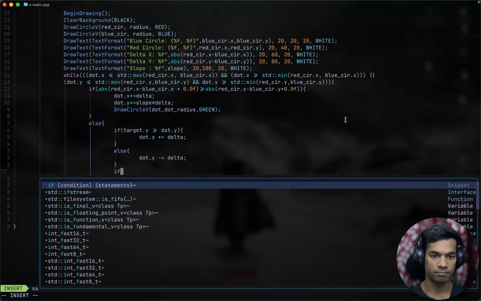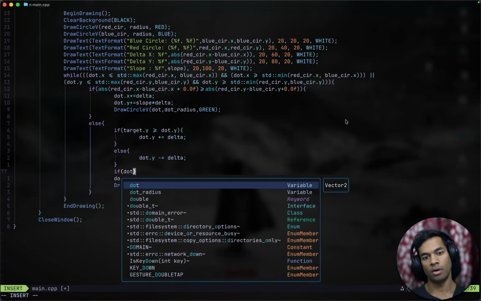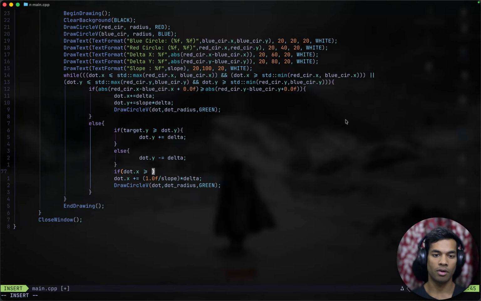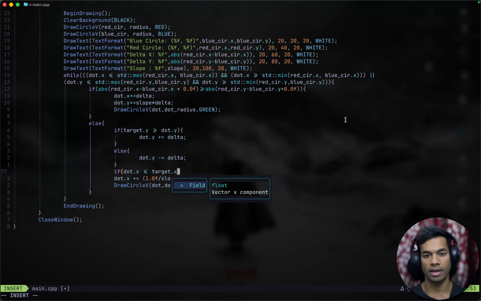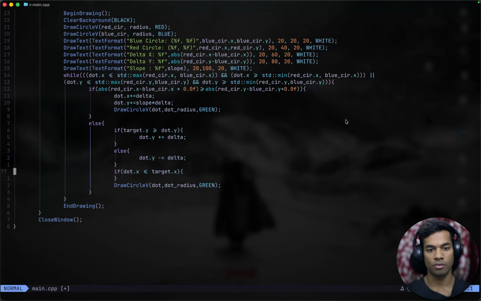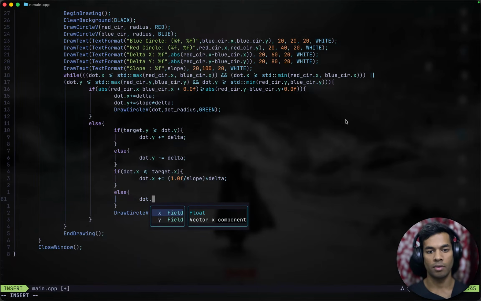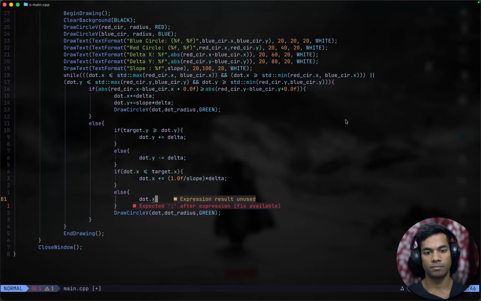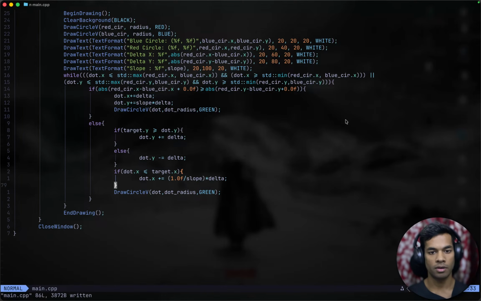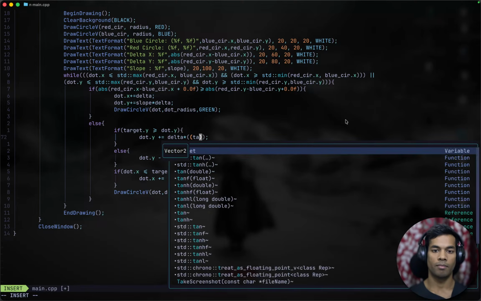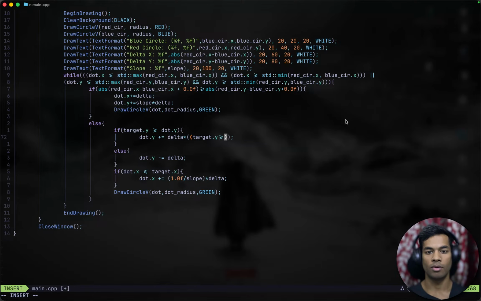If dot X is smaller than or equal to target dot X, then we want our current X to increase, else decrease. So we can do this on a single line actually, and multiply by: target dot y greater than or equal to dot y.